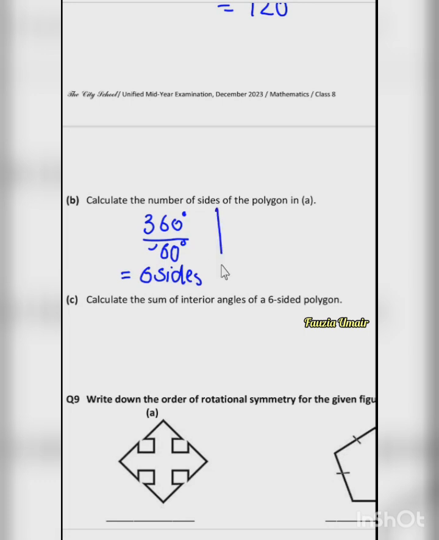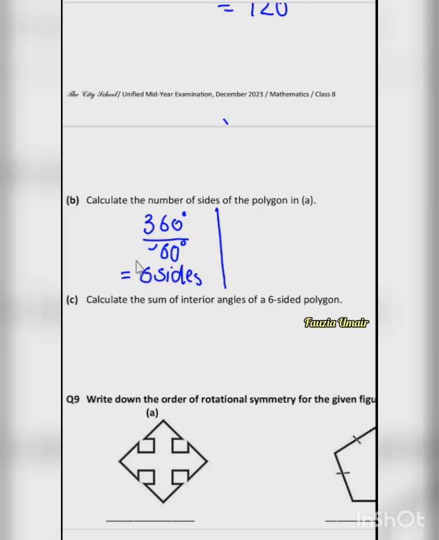So what is another way? In this way, we have used the exterior angle. Is there any other way in which we can find out the number of sides, or is there no other way? I don't think so.